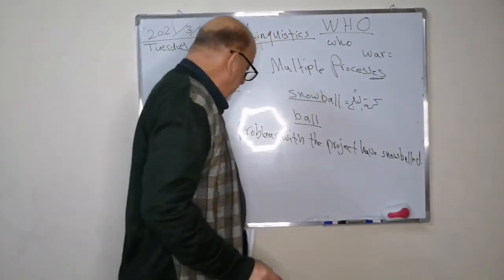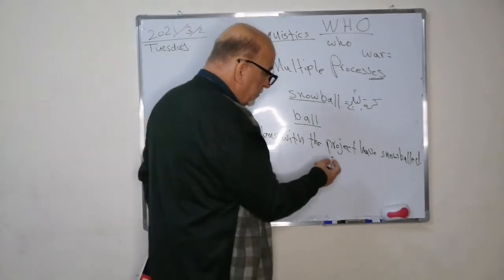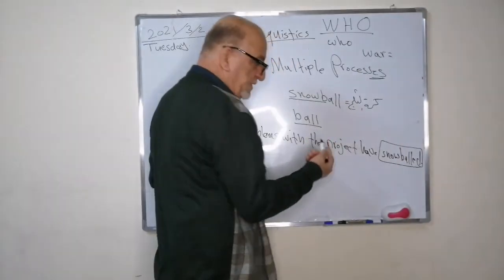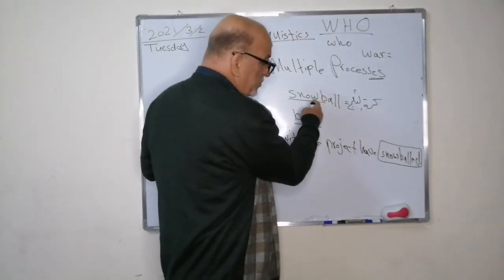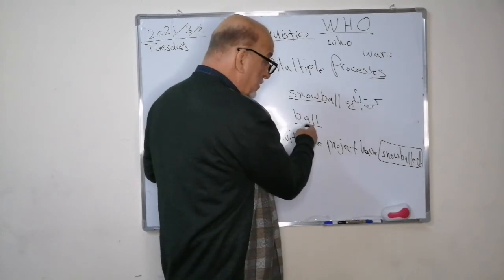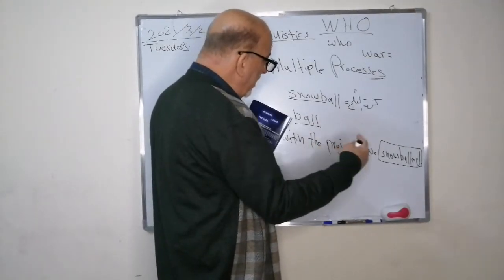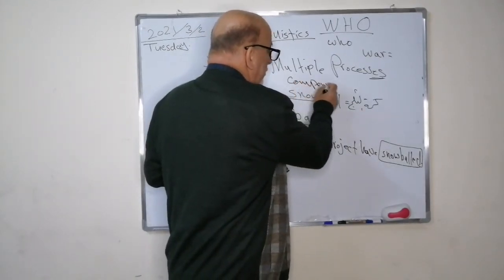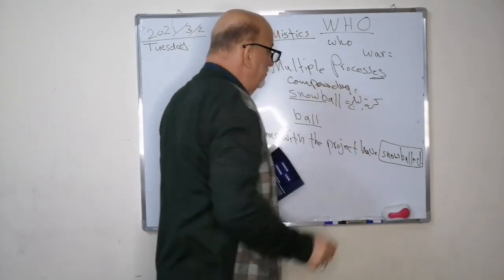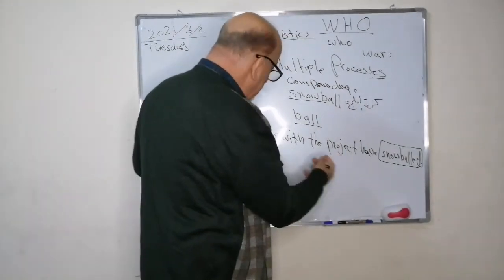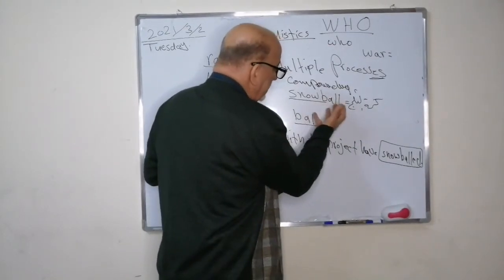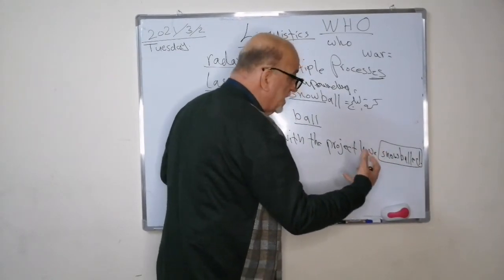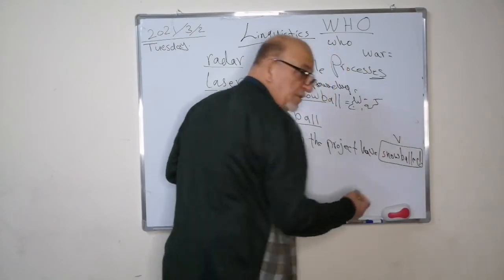Here, this word snowball, I already said it was snow, a single word, and ball, also a single word. Now we have joined them through the process called compounding, C-O-M-P-O-U-N-D-I-N-G. In this sentence, it's a noun, but here I have used it as a verb, snowball.